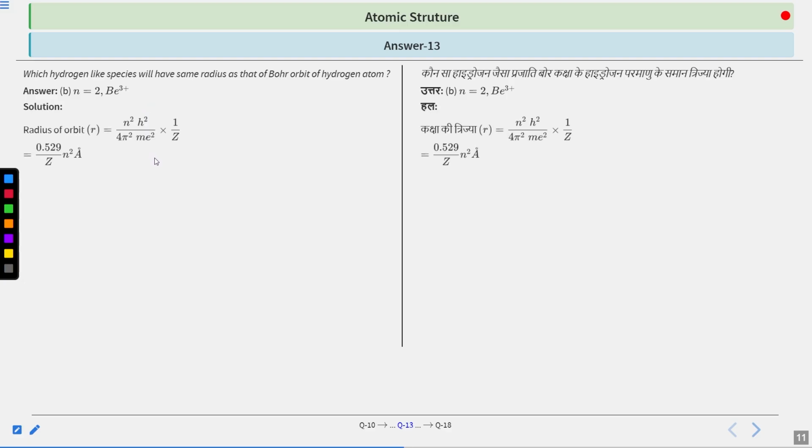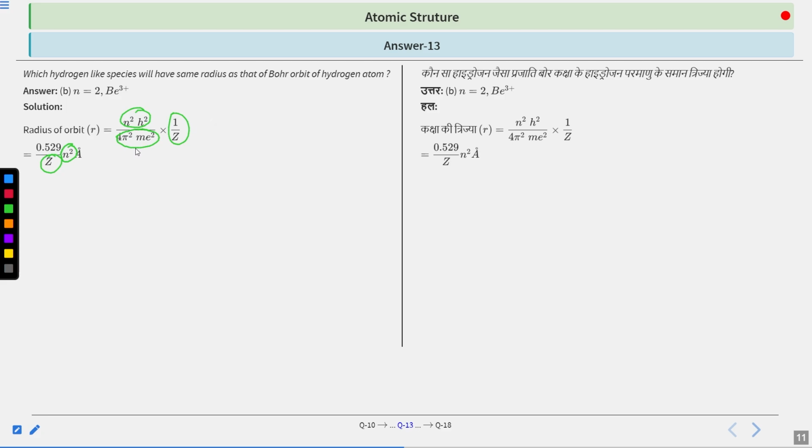How will we solve it? The radius of orbit is given by n square h square by 4 pi square m e square times 1 by Z. If you put all the constants aside, what are the variables? n is the orbit number, and Z is your atomic number. So it depends on the element and which orbit you are dealing with.